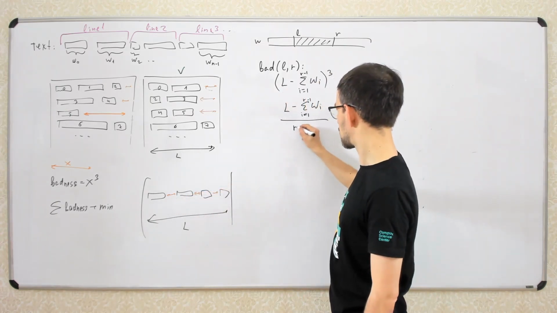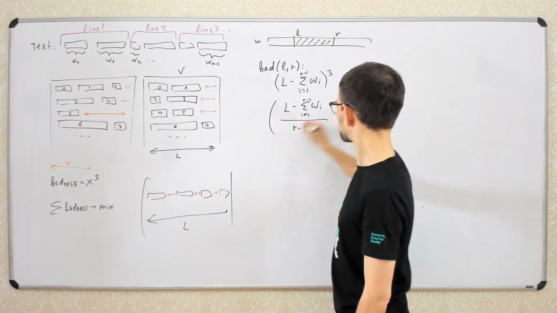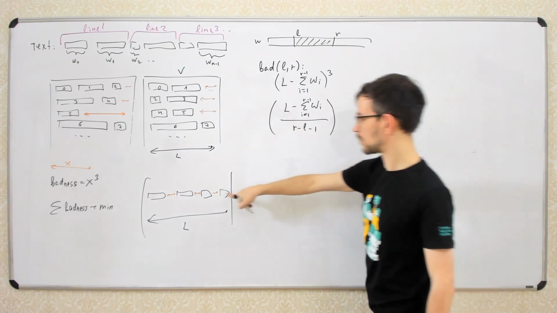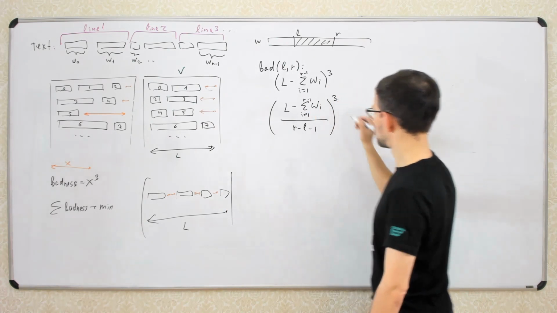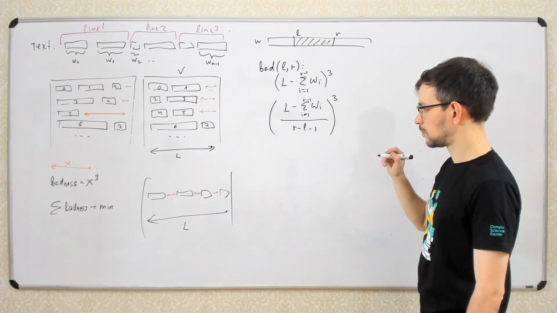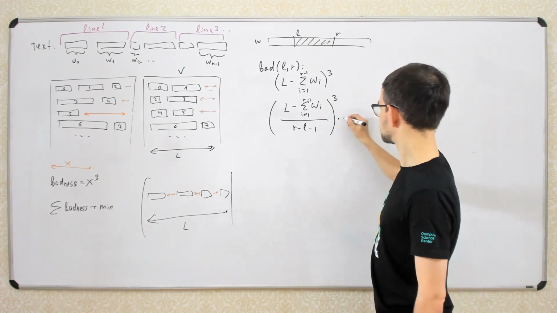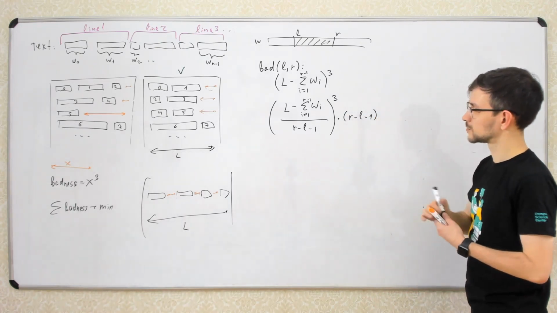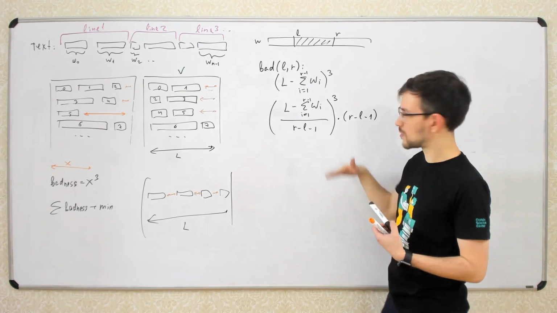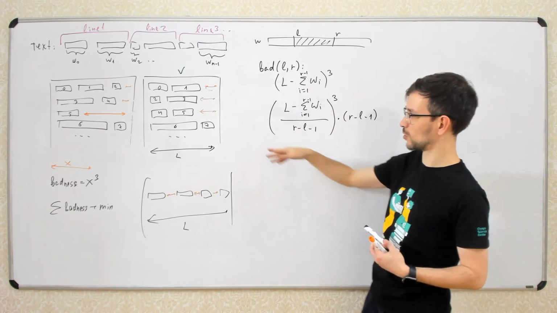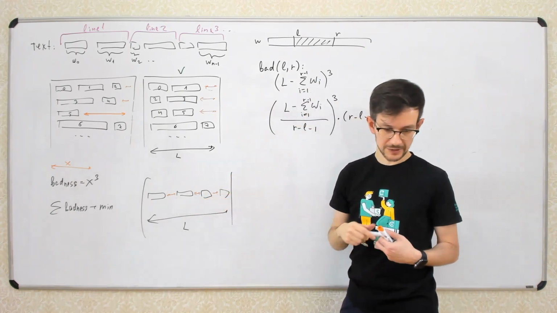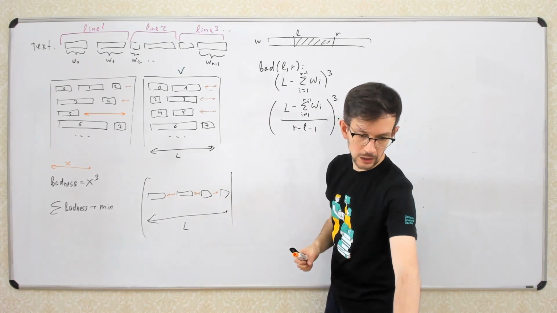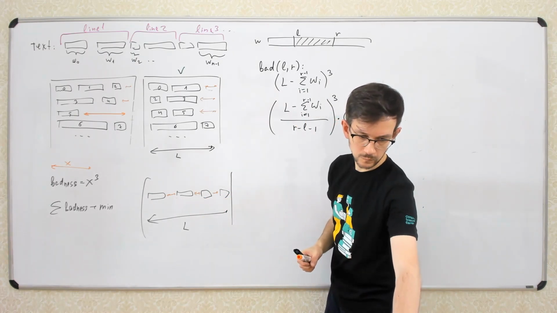The number of gaps is R minus L minus 1. So this is the size of one gap. We need to cube it and multiply by the number of gaps again. That's another option. You may use this function instead of the previous one if you want to lay out the text like this.